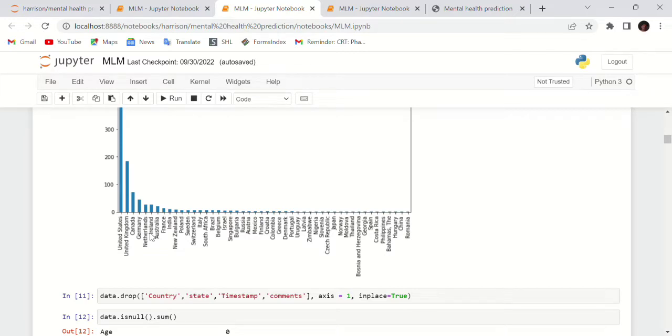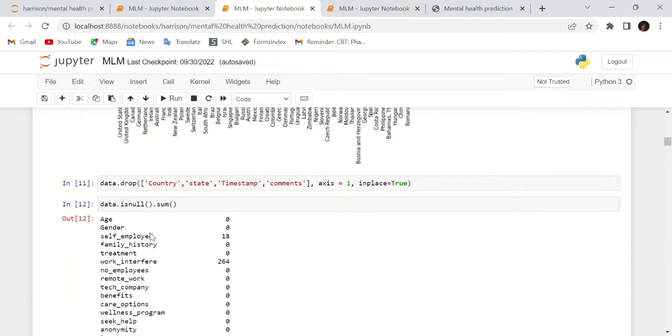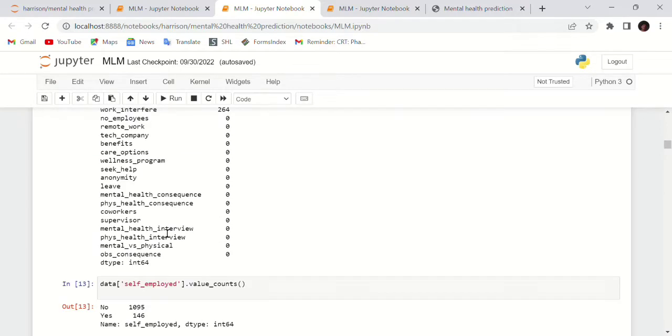Handling null values and dealing with wrongly entered data. To remove the country, state, timestamp and comments, we use the data.drop function. To check the null values, the isnull function is used along with the sum function on the data frame.